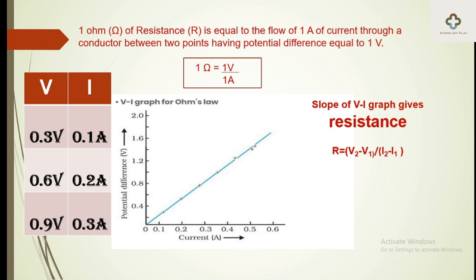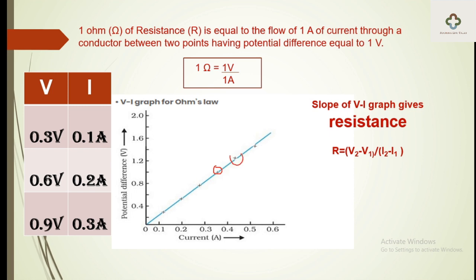In 9th standard, we have studied what slope is. The slope has the formula perpendicular upon base. Here, for this slope, the perpendicular is potential difference and the base is current. So resistance has the value V2 minus V1 upon I2 minus I1. If we want to find the slope, we need two values. For example, I've taken these two values.